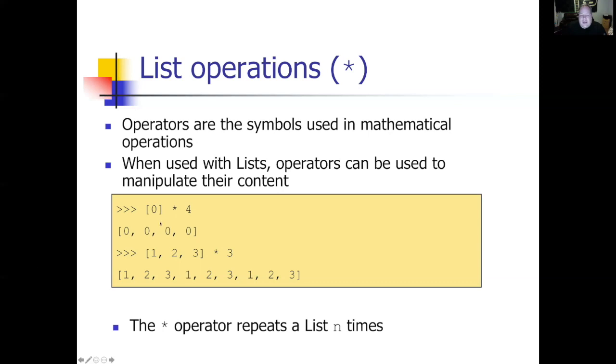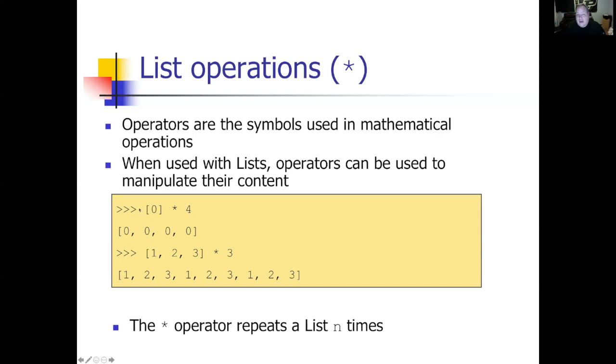And the same thing can happen with a list. Let's say I need a list of 100 zeros, initialized to 0, 100 positions in the list initially at 0. I could take the time to type that out, left square bracket, 0, comma, 0, comma, 0. Or I could just say 0 times the number of zeros I want in my list. I will get a list.